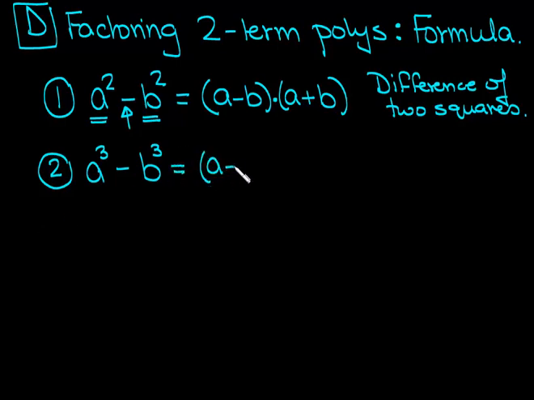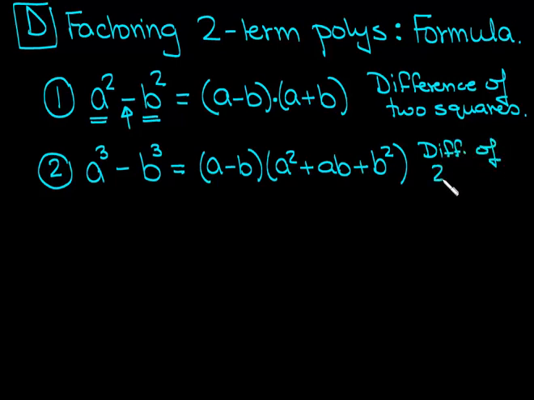We get a minus b times a squared plus ab plus b squared. And there's really no other way to factor this polynomial unless we know this formula. So it's very important that you guys know these formulas. This is difference of 2 cubes.